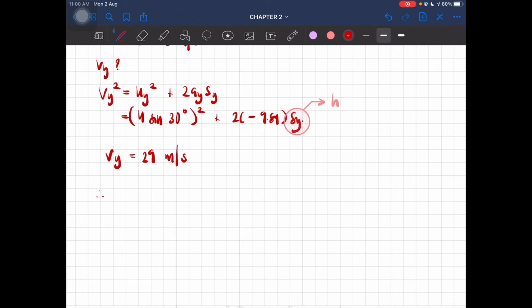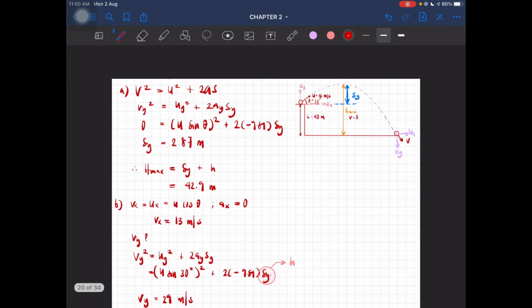So the magnitude is v equal to square root of vx square plus vy square. Okay, so substitute the values into the formula, and you'll then get 31.8 meter per second to be the magnitude of the velocity of the ball just before it strikes the ground.